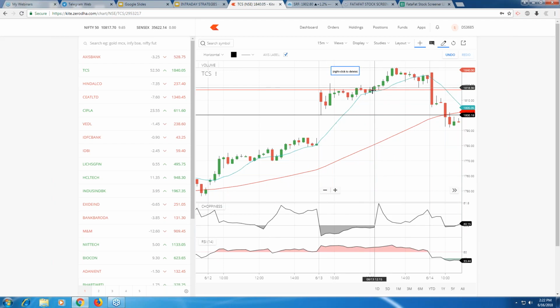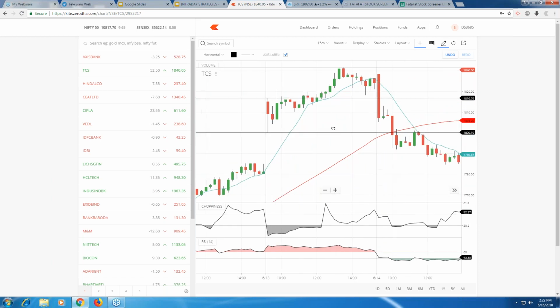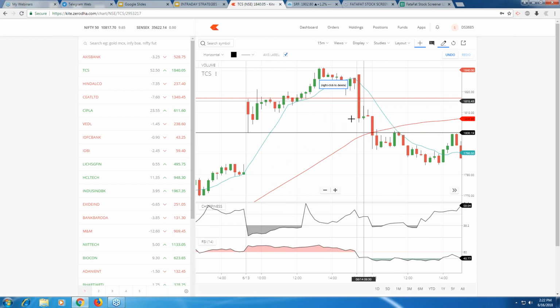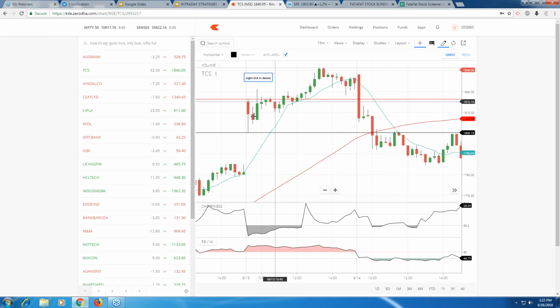After a long time, it struggled for quite some time and then it actually gave a breakout. Not before, not right away. It's not necessary that the first candle will break it. It can break anytime. It may take some time, or it can break at that instant as well.